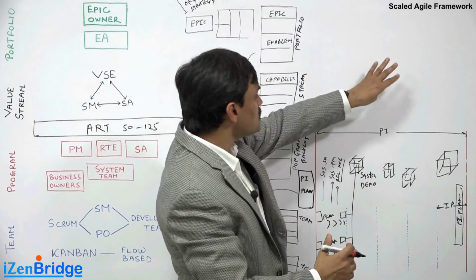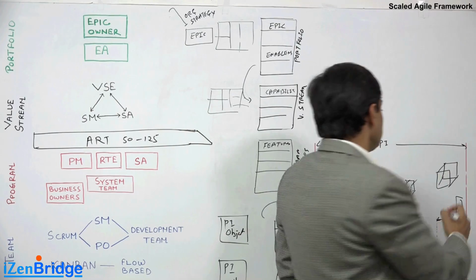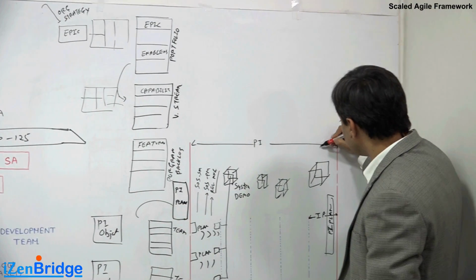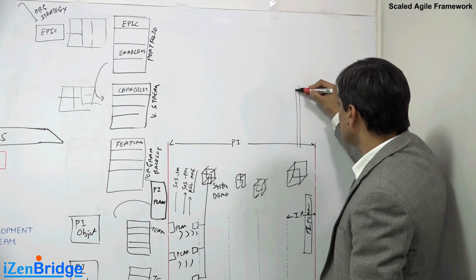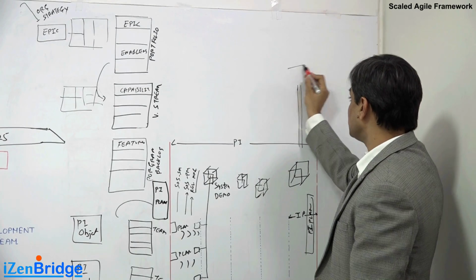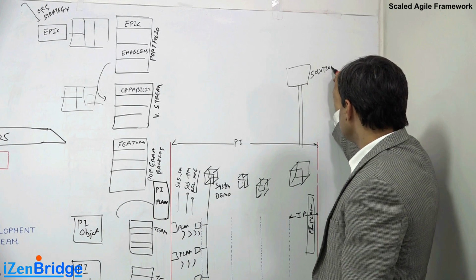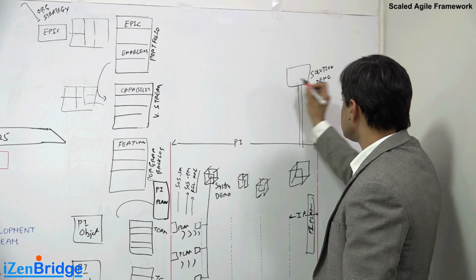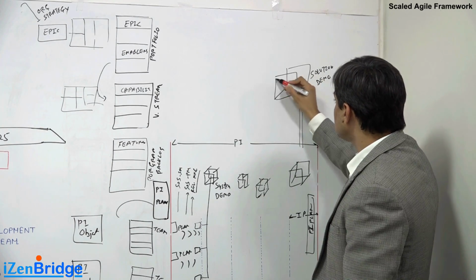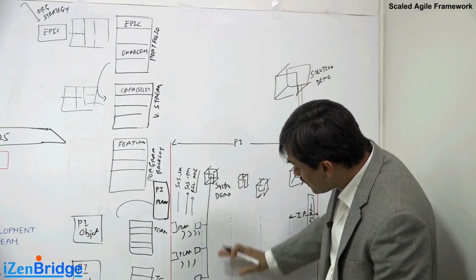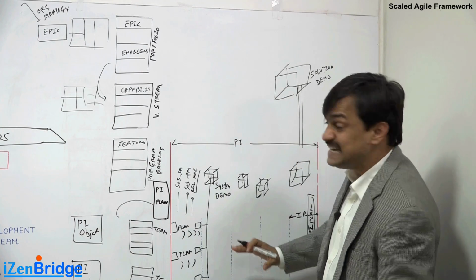If you have a value stream layer, these big demos also need to be given, recommended at least once in a PI. We call them the solution demo. Now the solution demo is different from the PI demo or system increment demo. The way we were talking here, the work of the 8-9 teams should get integrated.